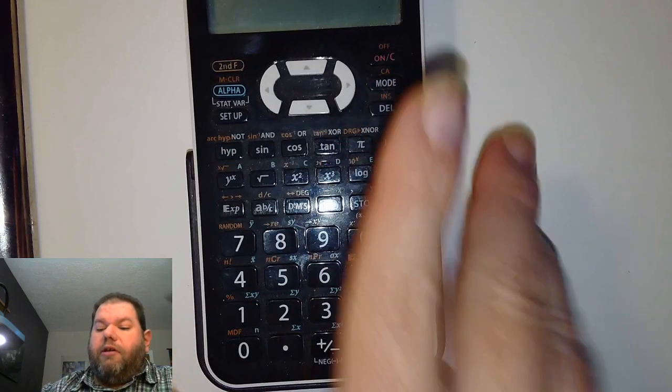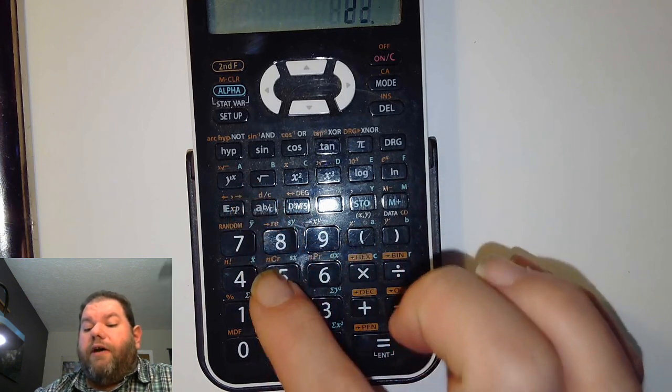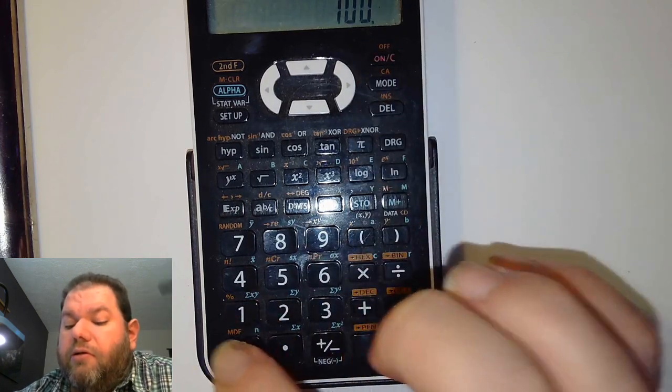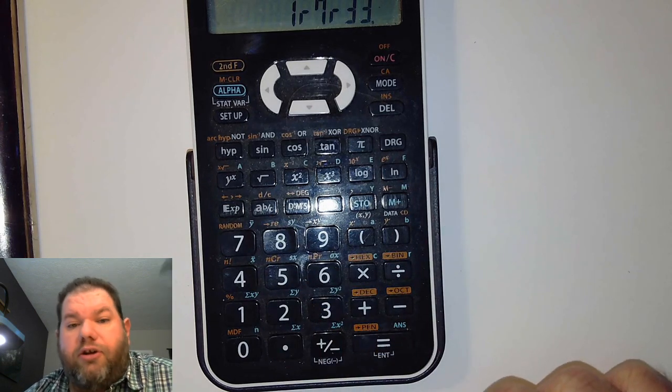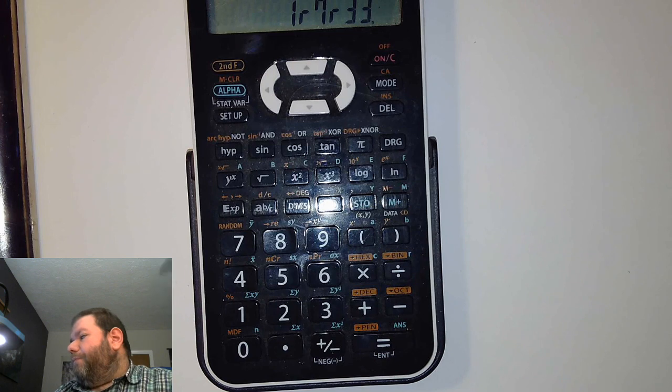Like on this calculator, if I enter in 1,000 over 825, it actually goes ahead and makes it a mixed number, which is nice.